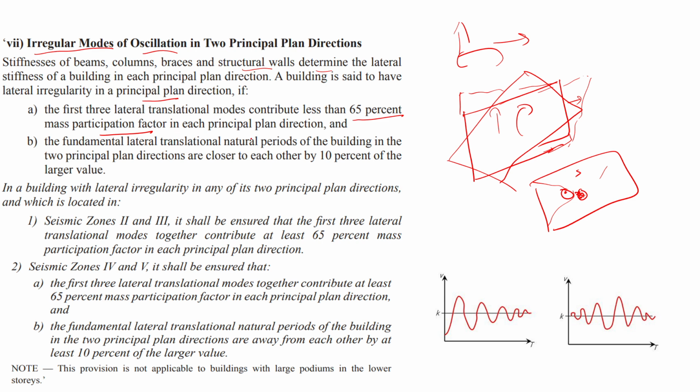And the fundamental lateral translation natural period of the building in the two principal plan directions are closer to each other by 10% of the larger value. In that case, a building is said to have lateral irregularity in a principal plan. So you should be very careful on that. We shouldn't make any building irregular in oscillations. So you should remember that.